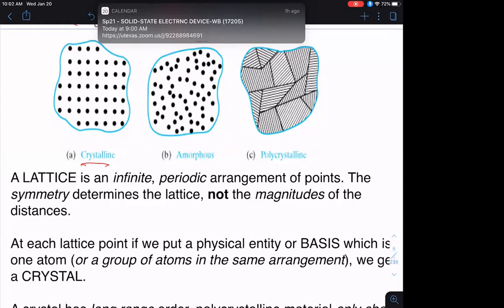And if this continues over the entire solid, those are called crystalline or single crystal solids. And that's, once again, what we'll be focusing on this class, because that's the kind of semiconductor structure which gives you the best electronic properties. And you can kind of hopefully see in a rough sense, because now if I move electrons or holes in this very organized periodic arrangement, hopefully they can travel unimpeded more easily.